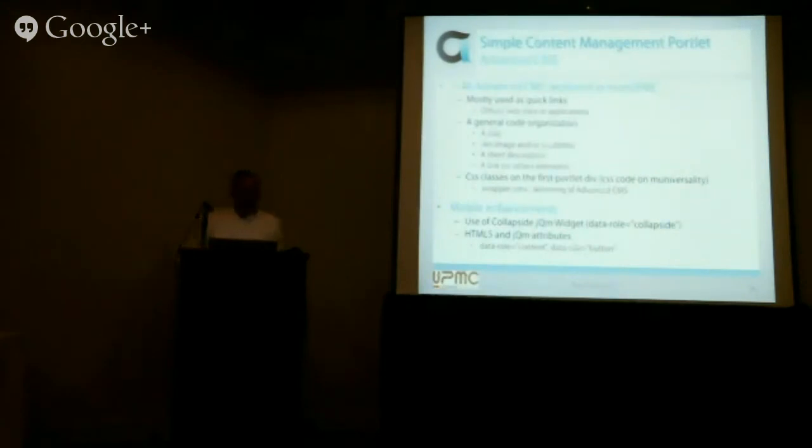We use about 40 advanced CMS portlets in monUPMC, mostly used as quick links to other websites or applications. So there is a general code organization. There is a title, an image or subtitle, a short description, links or other elements, other widgets.